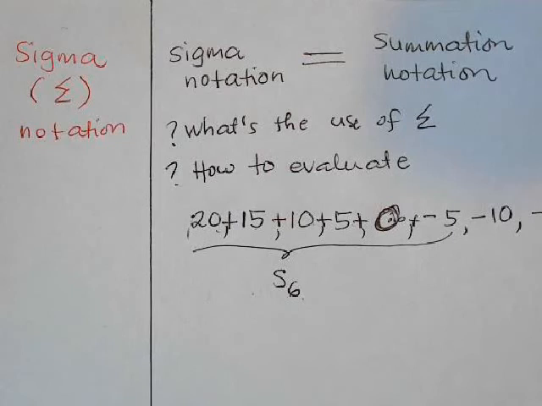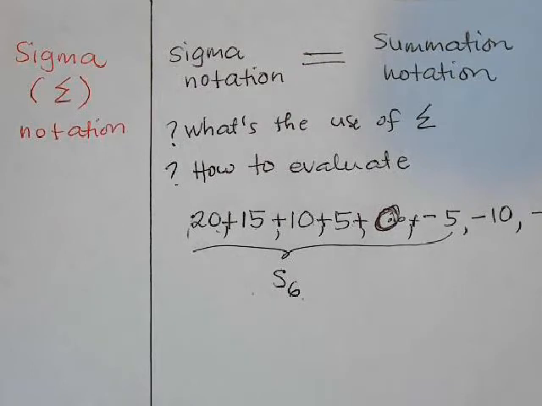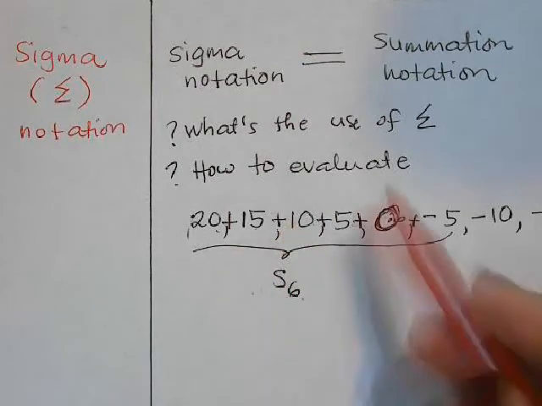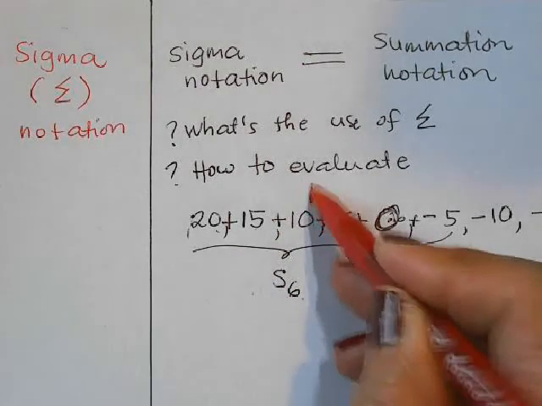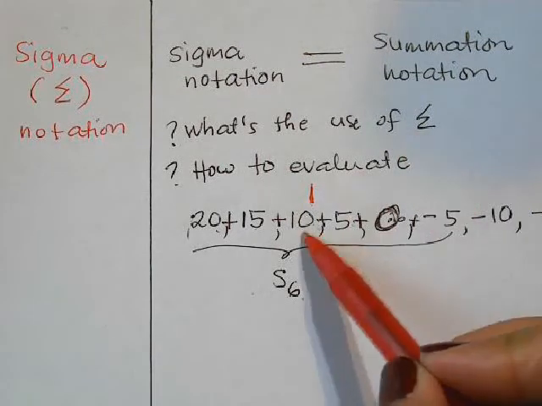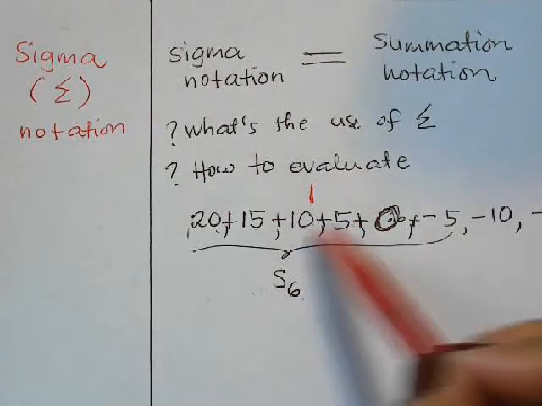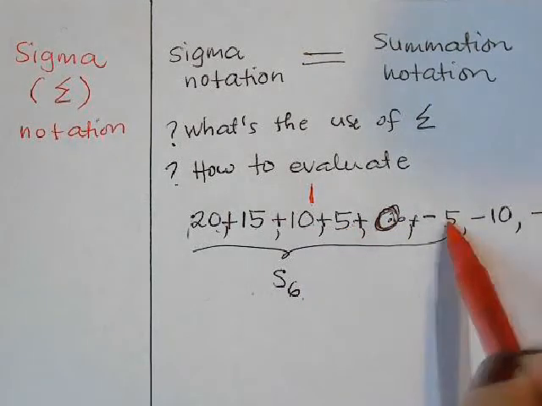But what if I want to find the sum not starting from the first term? Maybe I want to find the sum from the third term up to the sixth term: 3, 4, 5, 6.